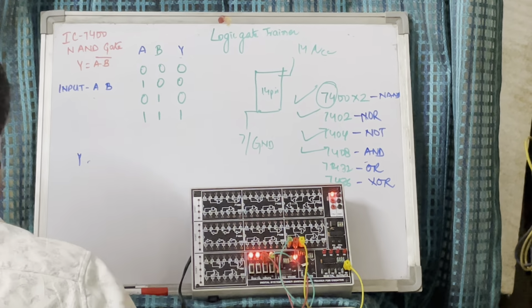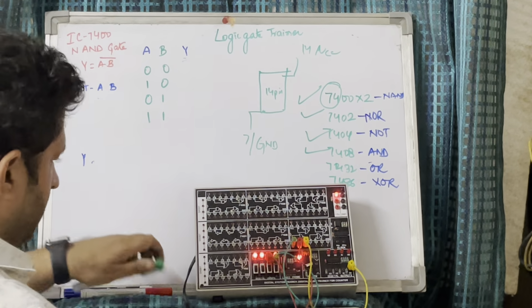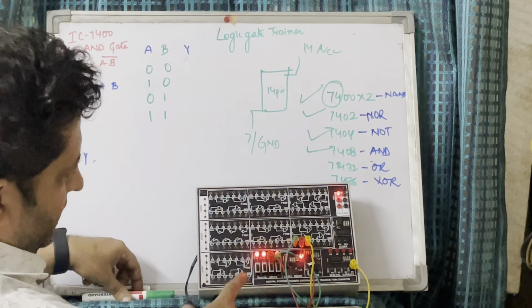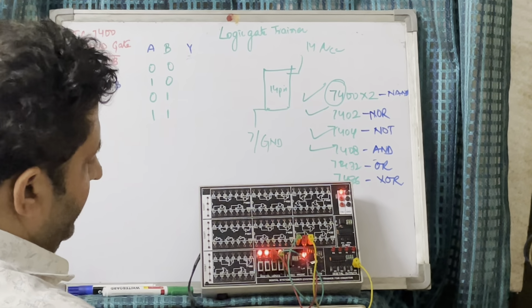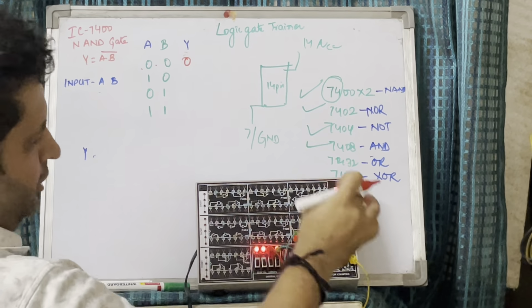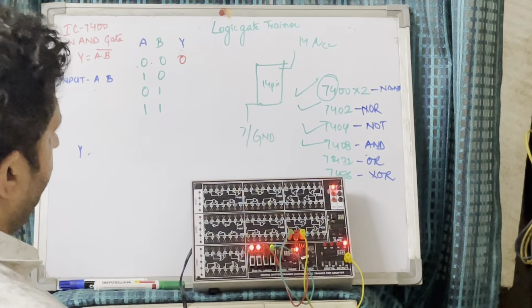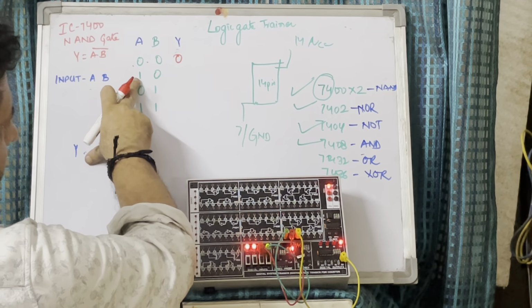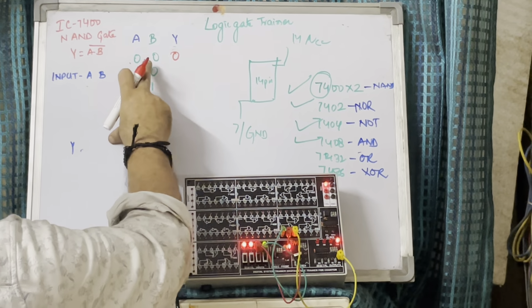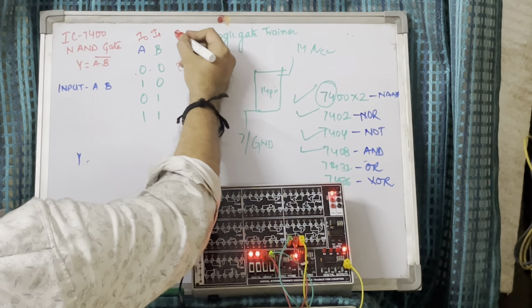Again we'll go through the steps as we have been doing. So this is the first. What we have done is 0, 0, both inputs low, output is 0. Now we are doing 1, 0, that is I0 is high, this is I0, this is I1, this is O0.